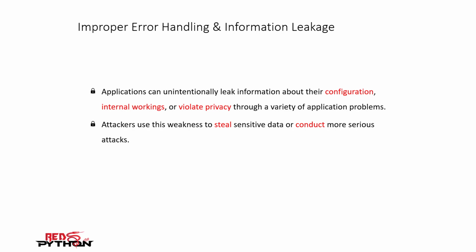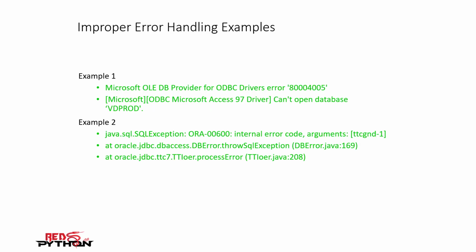Improper error handling and information leakage is as simple as it may seem, but this is a very important piece of information that attackers use, right? Many of our applications can unintentionally leak some configuration information about our application, such as these ones.